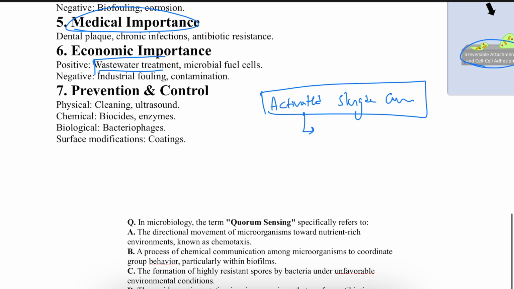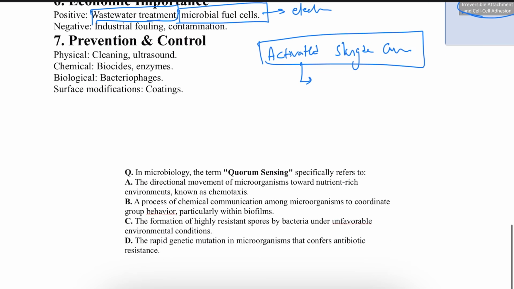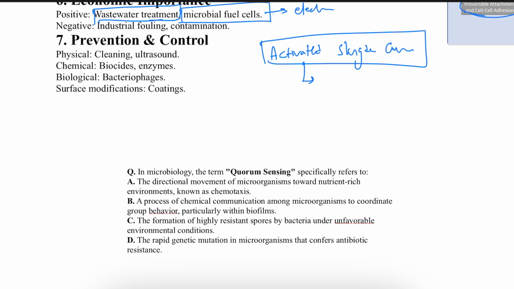Also, biofilms help us form microbial fuel cells, which help generate electricity. There are some other aspects, like they also cause industrial damage by corrosion and fouling, and concerning the positive aspect, they are also helpful in bioremediation.